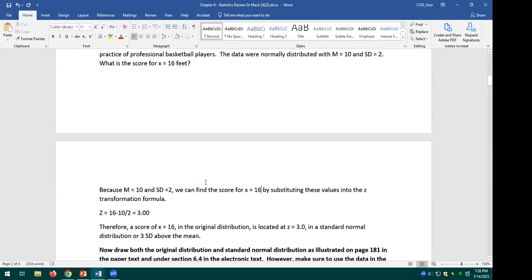And the z-score would be 3 standard deviations from the mean. So when x is equal to 16, we're still going to have the same mean, which is 10, and it would be 3 standard deviations, 13, 16.